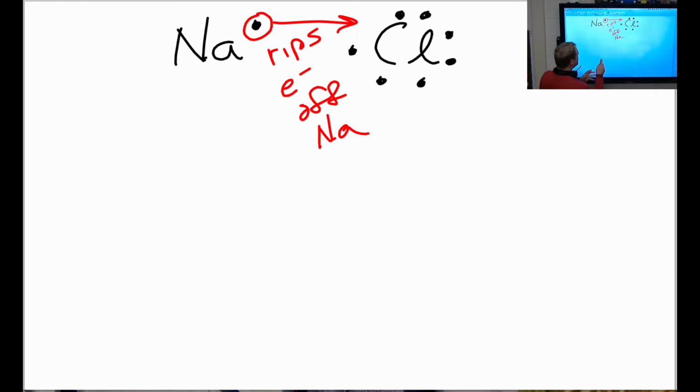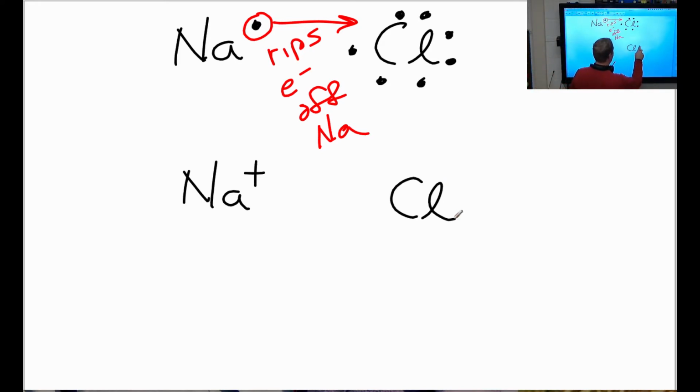As a result, sodium becomes positive. It's lost a negative charge. It becomes positive. Chlorine will become negative as a result of this process. Sodium becomes positive 1 because it lost 1. Chlorine becomes negative 1 because it gained 1 negative charge. If we were to look at the breakdown of protons and electrons, sodium starts with 11 protons.